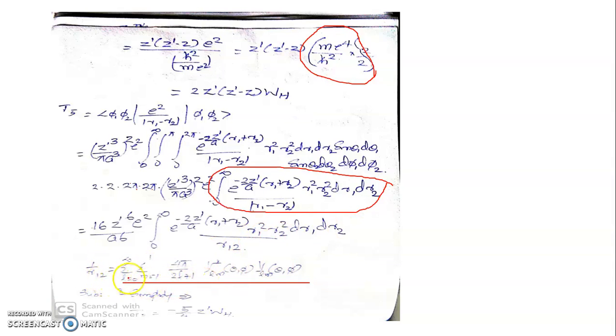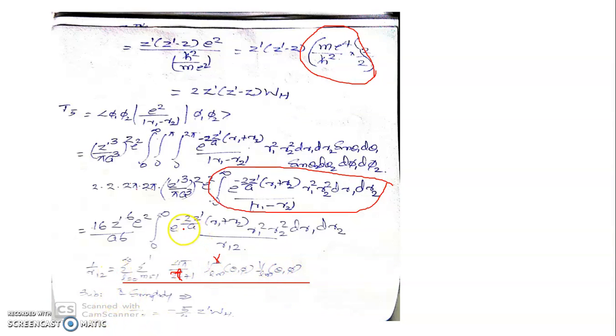Now we split 1 by r12 using these Legendre polynomials. Say 1 by r12 equals summation L from 0 to infinity, m from minus L to L, 4 pi by (2L plus 1), where L is the orbital angular momentum quantum number of helium or hydrogen-like species, YLM star, the YLM complex conjugate (theta, phi), YLM (theta, phi), where YLM (theta, phi) is the spherical harmonic solution.